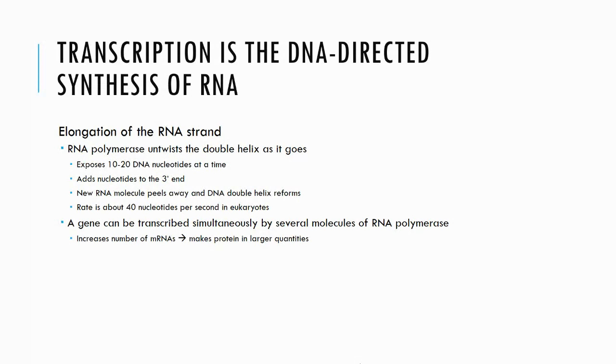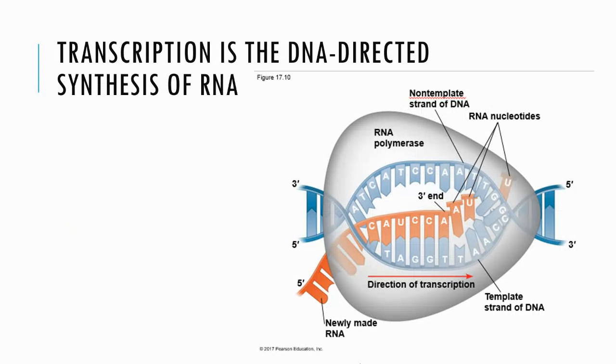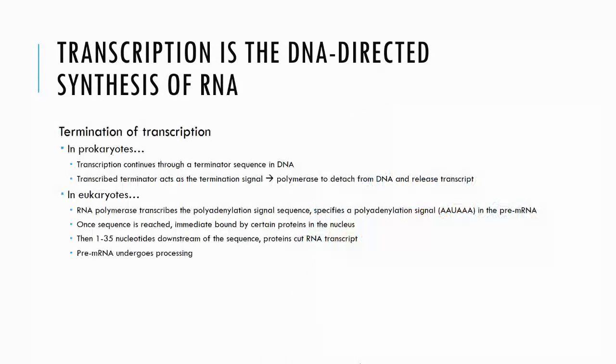Cells are going to need more than one protein to be able to accomplish the task. And so that helps speed that process up and make sure there are appropriate quantities of those proteins in the cell. And there is a diagram of elongation.